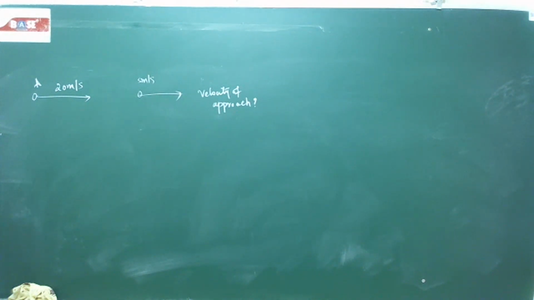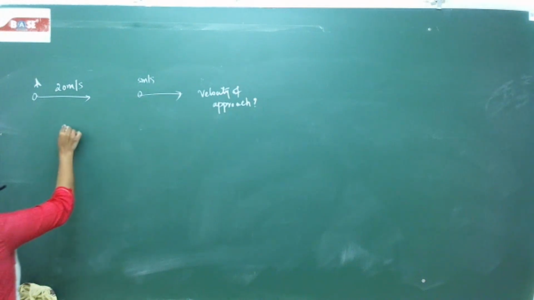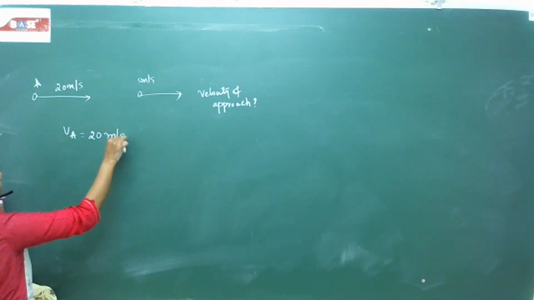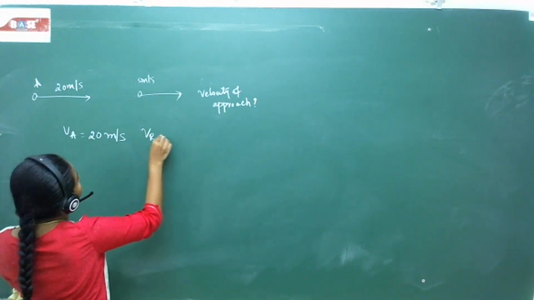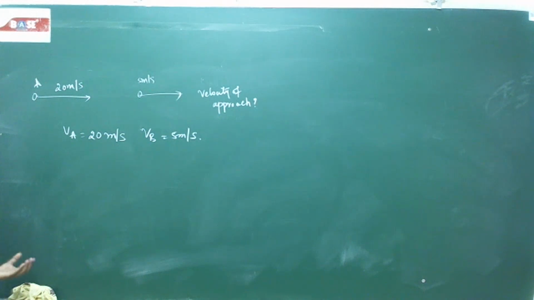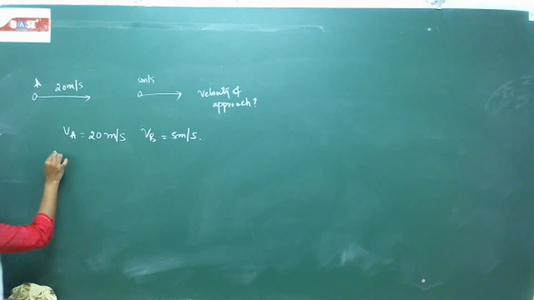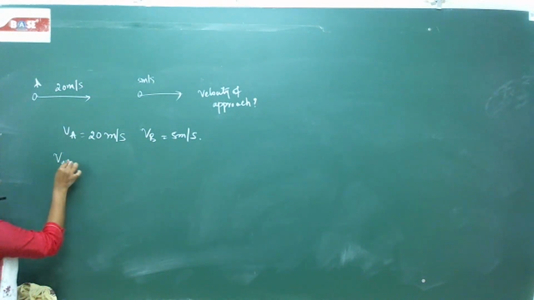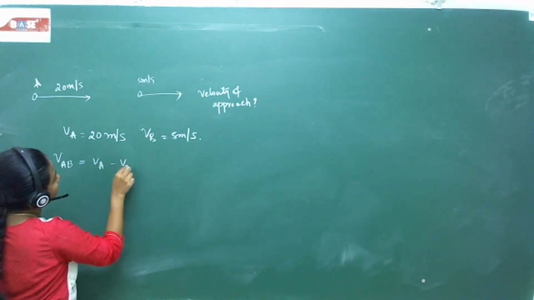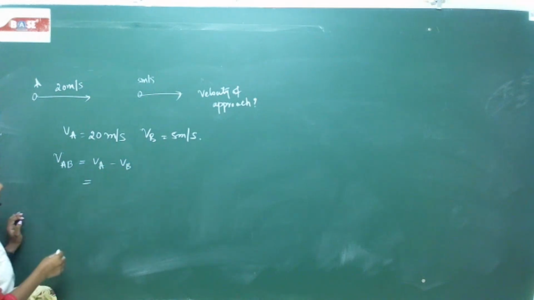So here the velocity of A is 20 meter per second and the velocity of B is 5 meter per second. Since they have asked for the velocity of approach, we have to find the velocity of A with respect to B. That is VA minus VB.